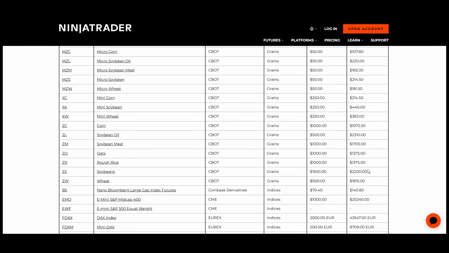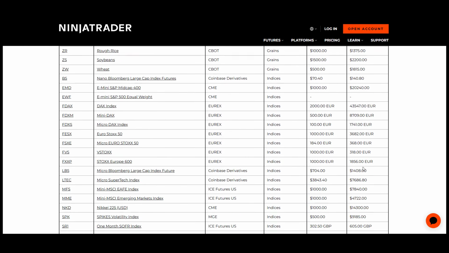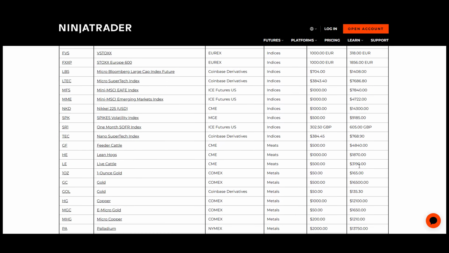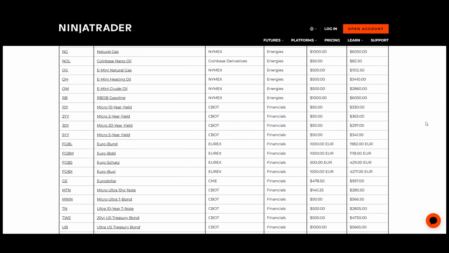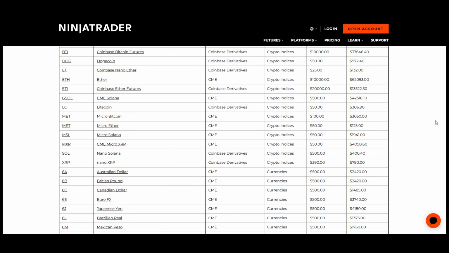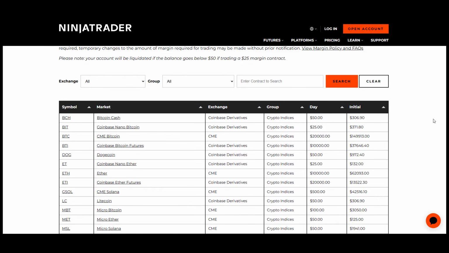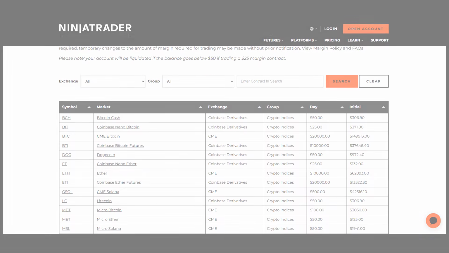Soybeans, 1,500 versus 2,200, and keep them going down. What have we got here? We've got gold, for example, on the COMEX, 500 intraday margin, 16,500 initial margin. So just very quickly showing you the sorts of differences between intraday and initial margin, and why that is a very valuable tool for day traders.